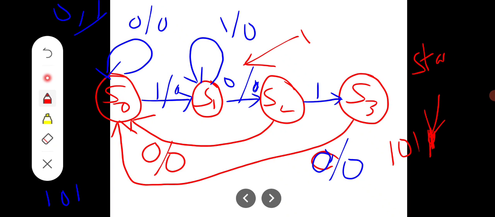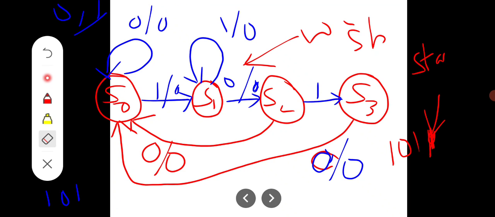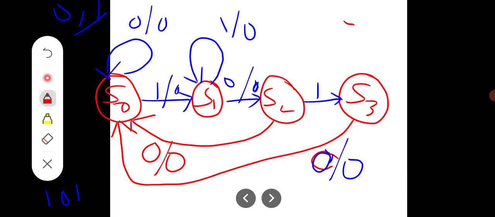This is the waiting state for the second bit. Therefore it is moving from S3 to S1 state, with input 1 and output 0. So this is the Mealy state machine for 101 detection, right? Here 1 is over, here also with an output of 1.